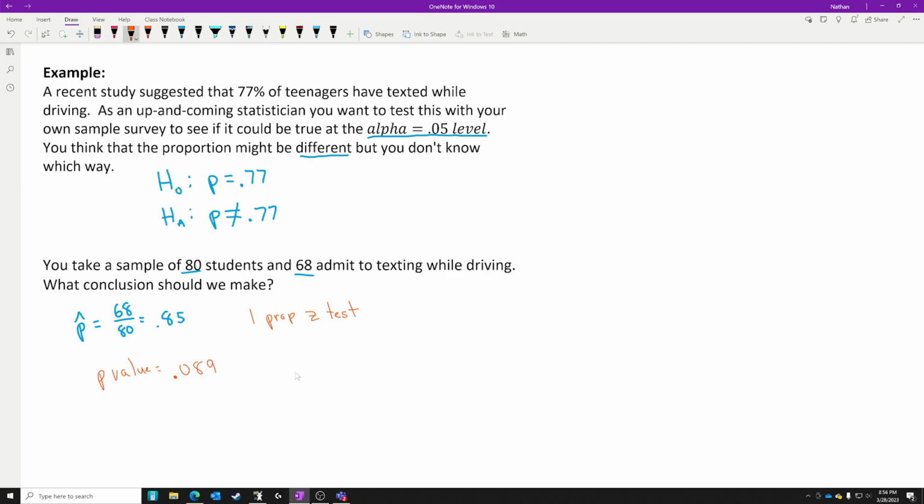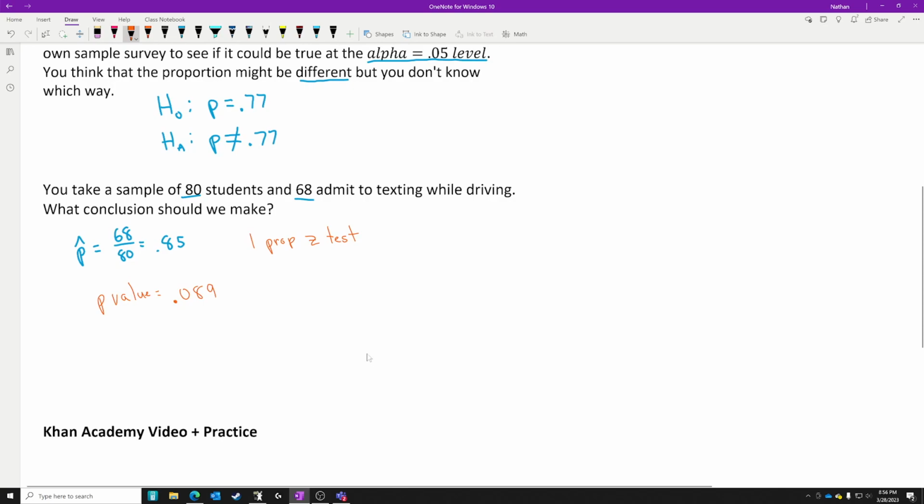And so now we have to make the judgment. Is that p-value big or is it small? Kind of hard to judge, but now we know what to judge it against. The problem said our boundary was 0.05. Essentially, if our sample was in the 5% rarest of samples. But it wasn't. Our p-value is bigger than that number.